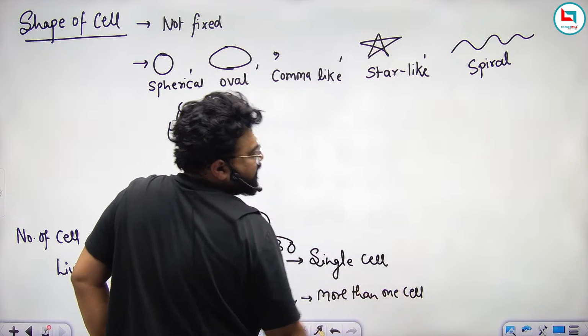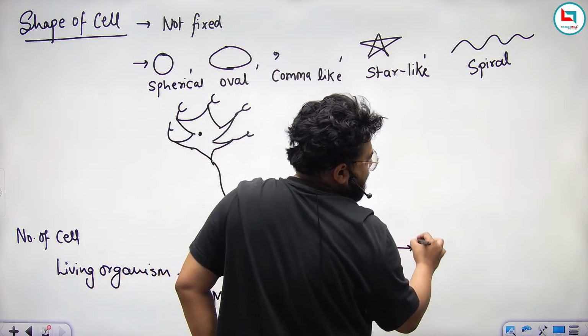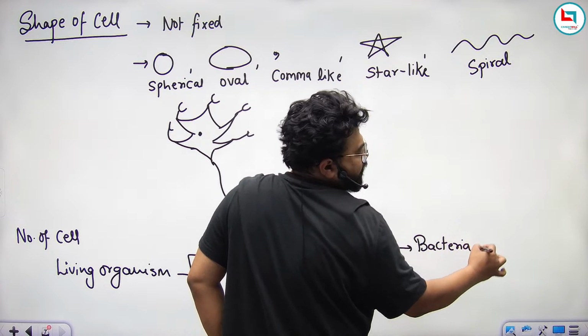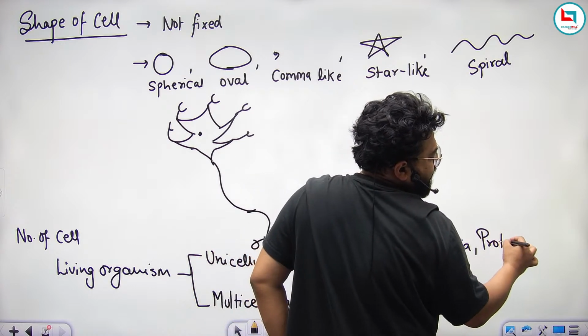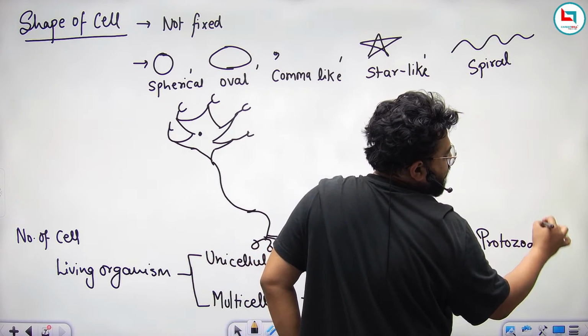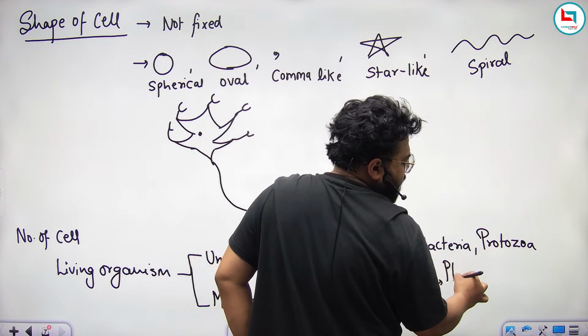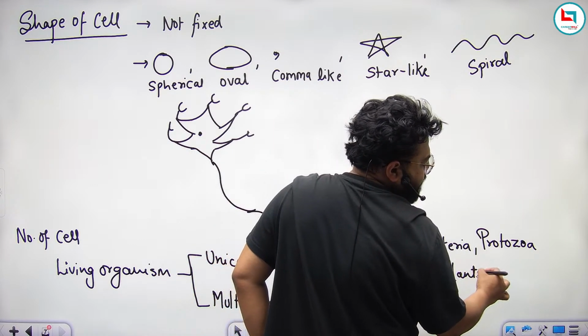For example, bacteria are unicellular organisms. Protozoa, means amoeba and paramecium like organisms, are unicellular organisms. But if we talk about plants, plants are multicellular organisms.